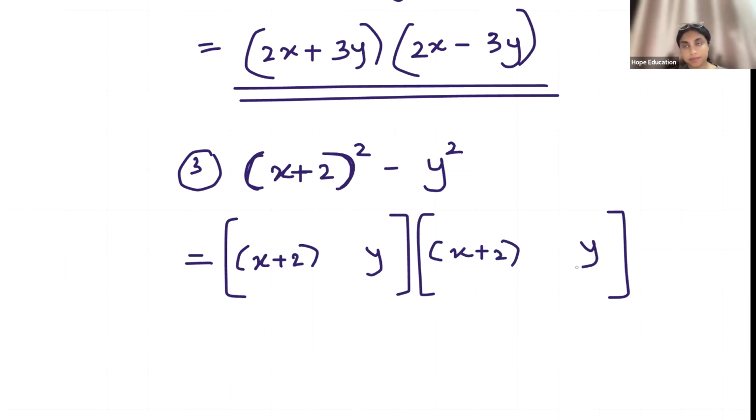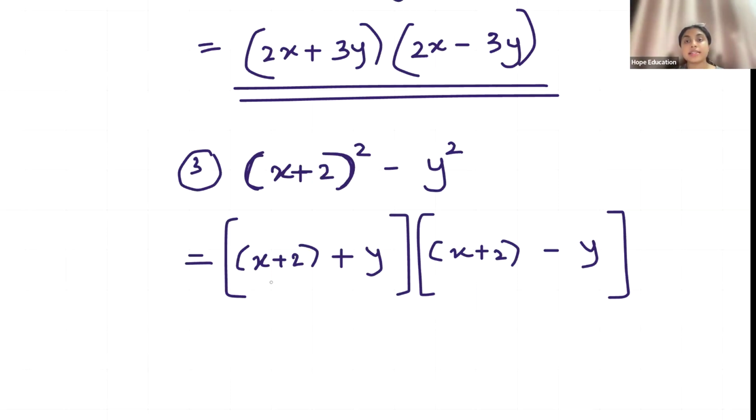Is that clear? Yes. Why don't we change the x plus 2 to x plus 2 and x minus 2? You're asking why we are not simplifying x plus 2? No, why don't we change the inside symbol? That is because this entire thing itself is a square.